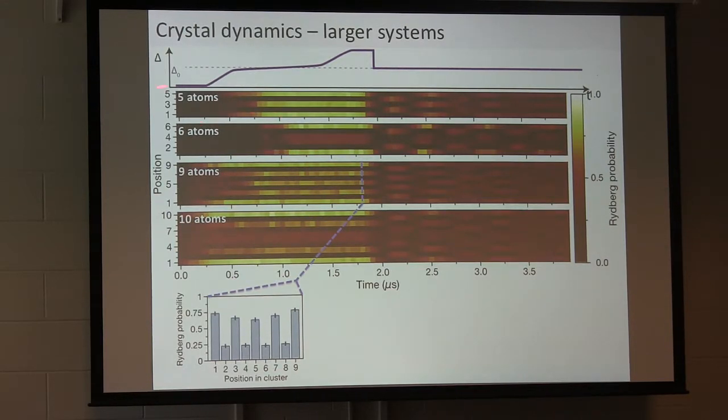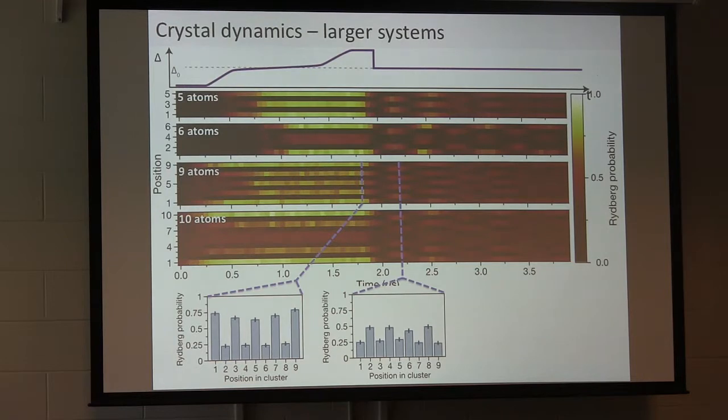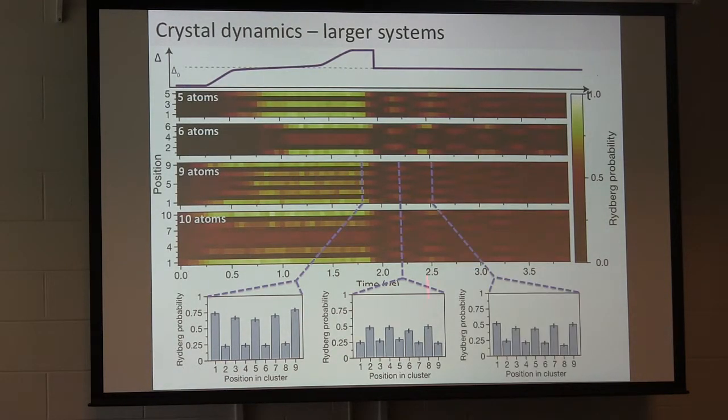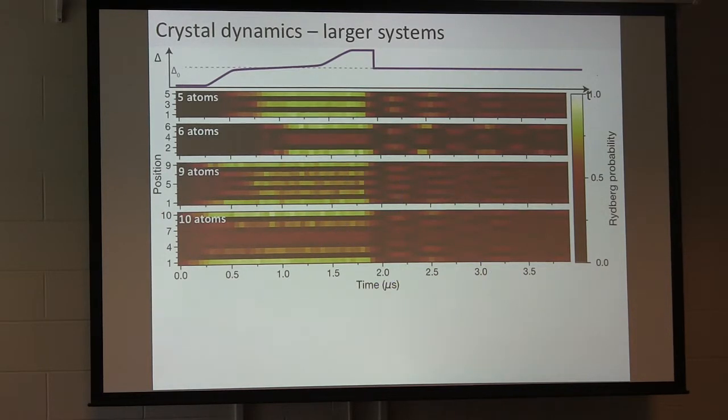This is the experimental data for 5, 6, 9, and 10 atoms. Again, for 9 atoms, you start from the initial Rydberg crystal, you go to the complementary crystal, and back to the initial one. What's intriguing here is that this feature seems to be pretty independent of the system size, at least in terms of frequency.